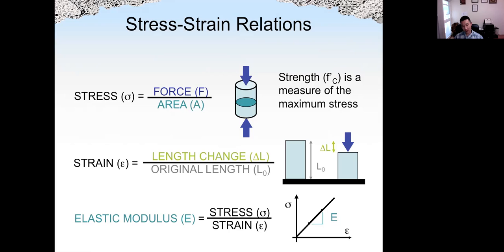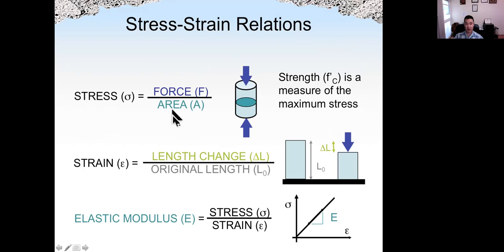So before we talk about viscoelastic property of concrete, let's first review stress and the strain relationship of the pure elastic materials. Okay, this is the basic information.